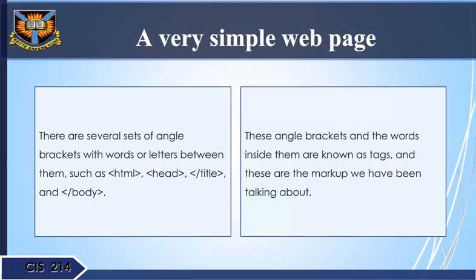There are several sets of angle brackets with words or letters between them, such as html, head, /title, and /body. These angle brackets and the words inside them are known as tags, and these are the markup we have been talking about.